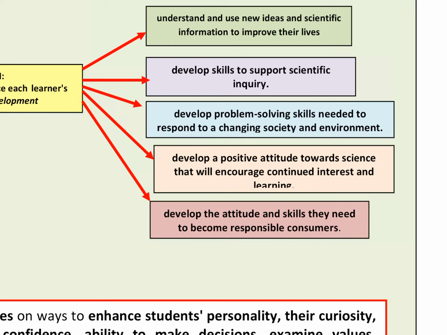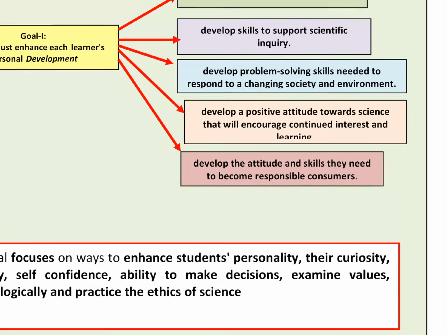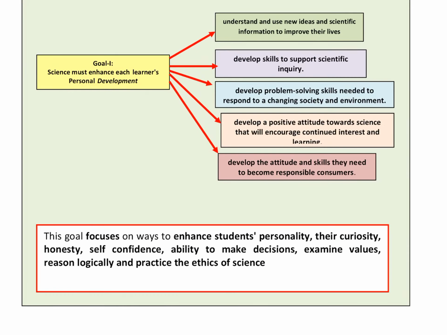We consume different things from the environment. So the teaching of science has to help the learner to develop a very healthy attitude and skill in such a way that they become responsible consumers.